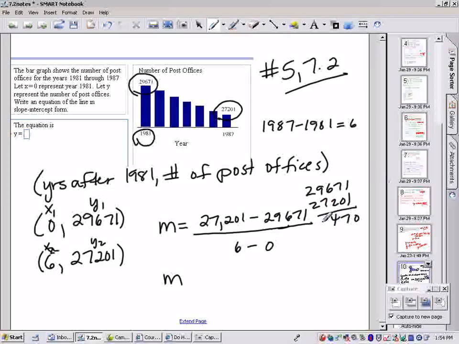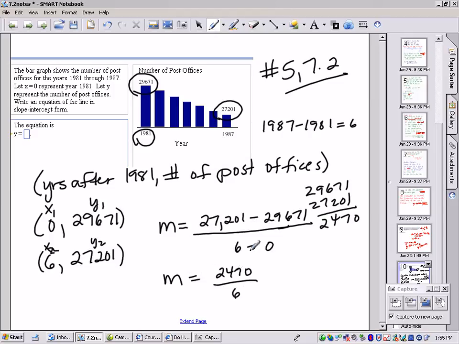So what is that? 2,470 over 6. Oops. But my sign is actually negative, right? So I can reduce that down by a factor of 2, I know. I'm not sure that 6 goes into it evenly, but if I reduce it by a factor of 2, my denominator becomes 3. So 2 goes into that, negative 1235, I believe. So this is our slope.